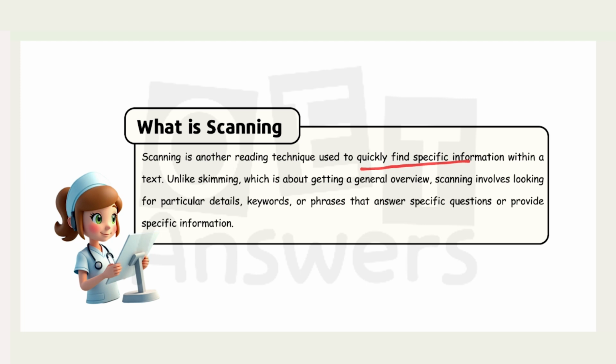Once you have done your skimming, the next step is scanning. You have to scan whether it is right or wrong, or whether this is the right location. So find specific information within a text. Unlike skimming, which is about a general overview, scanning involves looking for particular details: a particular idea, particular keywords, particular phrases, particular terms.